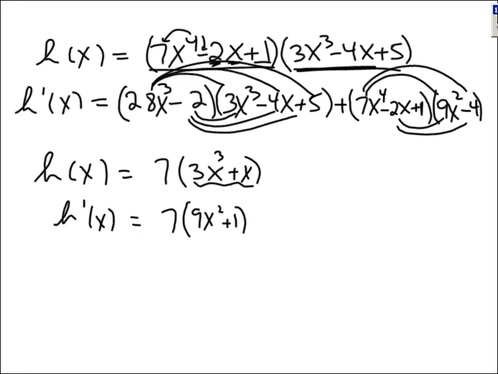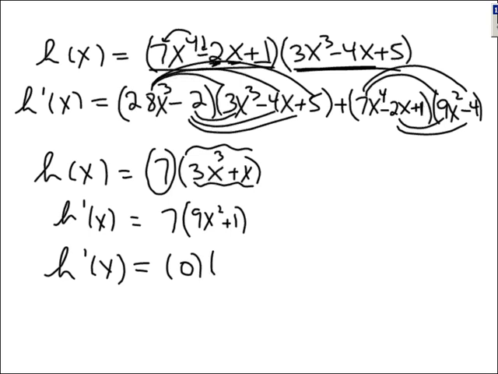Now to show you that the product rule lives up to that, let's use the product rule. This is the first, that's the second. The product rule says it's the derivative of the first, which is 0, the derivative of 7 is 0, times the second. Of course, that's 0.